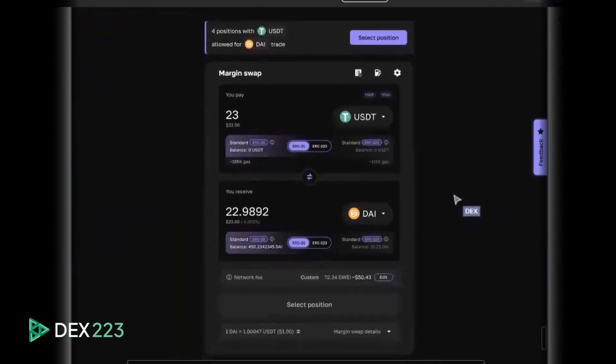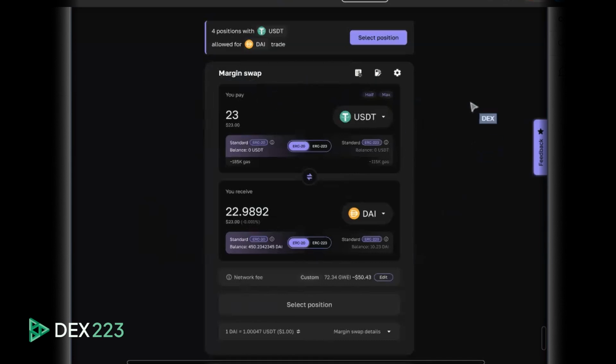So one side note regarding the margin swap, we have redesigned the page in a purple color scheme to avoid people getting confused and to avoid confusing margin swap with normal swap, because it is very important to understand that this swap is executed from the balance of the smart contract, and the normal swap is executed from the balance of your own wallet.